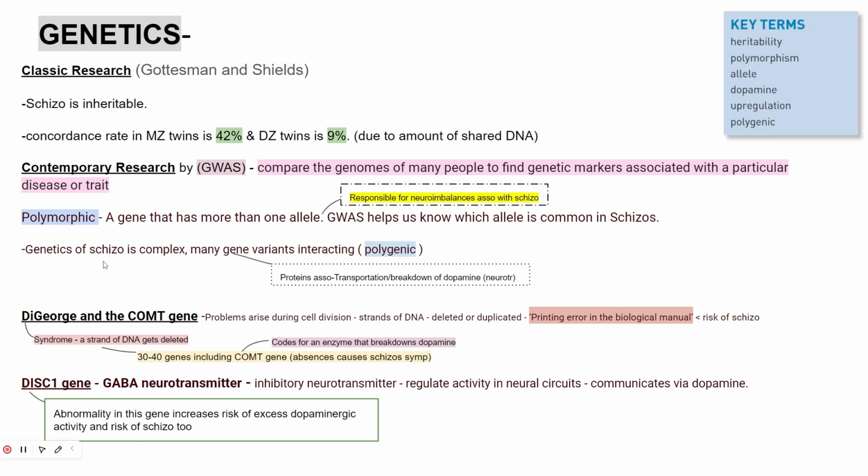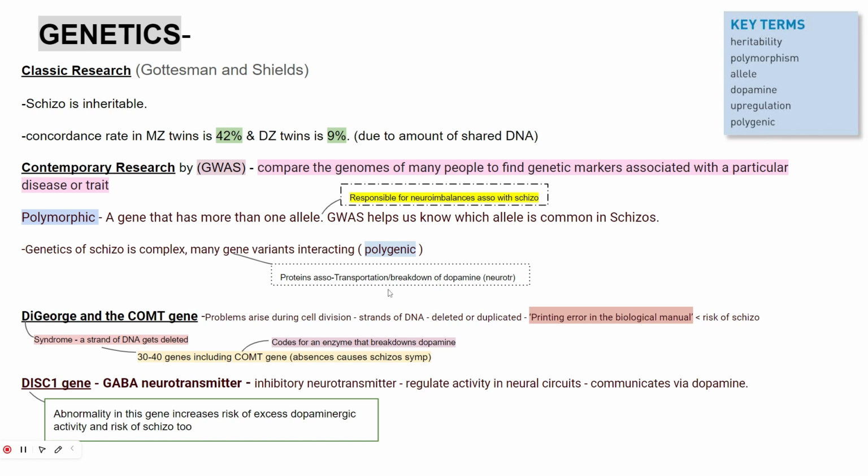Genetics of schizophrenia is complex, so there are many gene variants that are interacting, and because there are so many genes that are responsible for schizophrenia, this disorder is called a polygenic disorder, meaning that more genes are interacting and not only one. So it's a very complex structure.